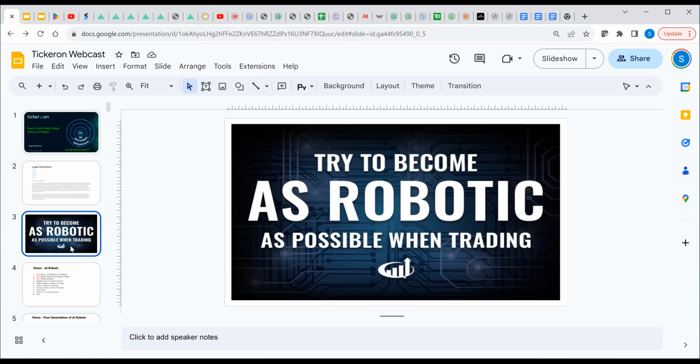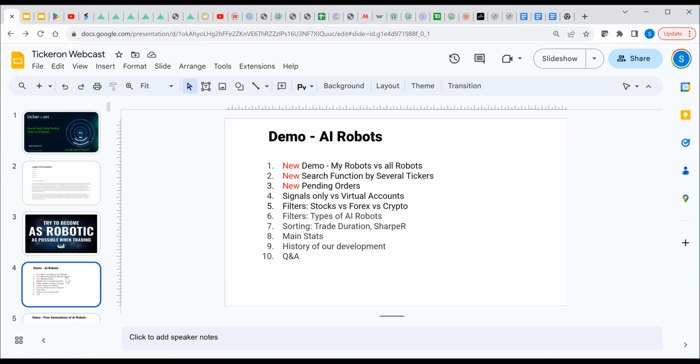I'm going to talk mostly about the new features, but also we'll talk about other features of AI robots. So this is the kind of plan I came up with. We have some new functions, and I'm going to go through them. And while I go through some new stuff, I'm also going to tell you some functionality of AI robots, okay?